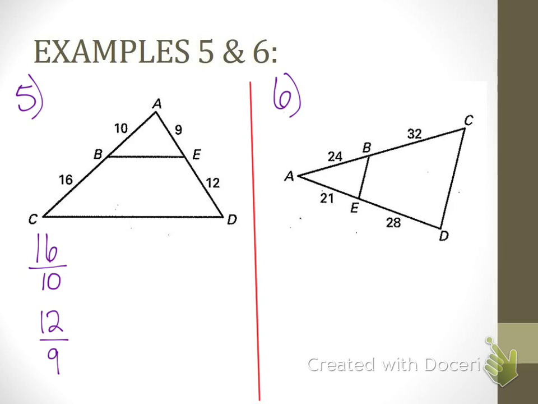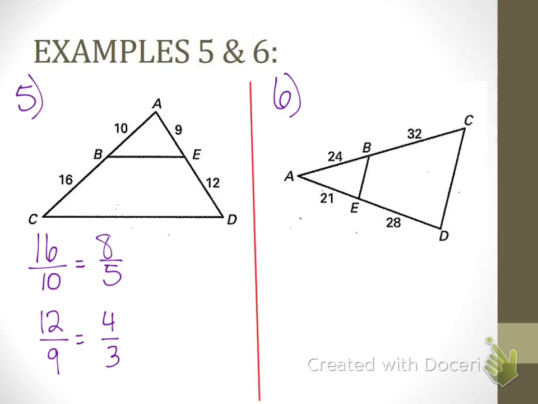16 over 10 reduces to be what? What is it? 8 over 5. I would agree with 8 over 5. Divide both by 2. Yes. Okay. What about 12 over 9? Divide them both by 3, we get 4 over 3.